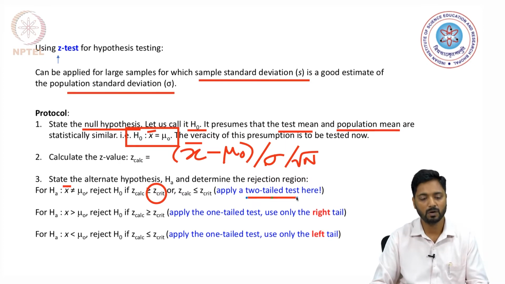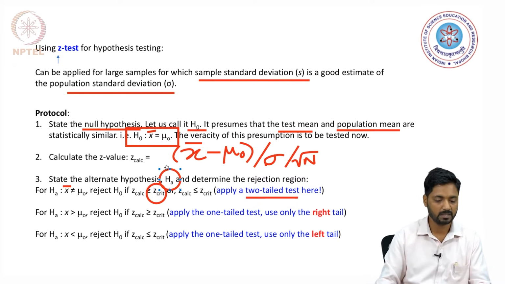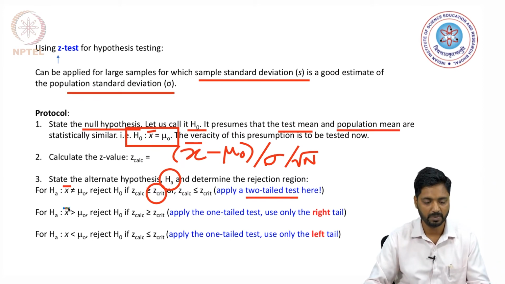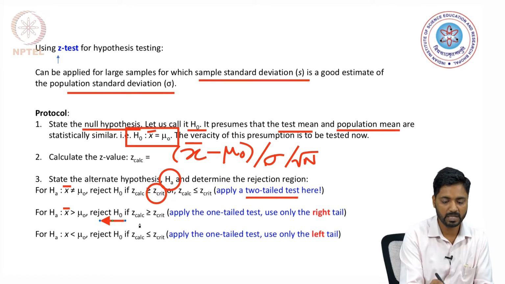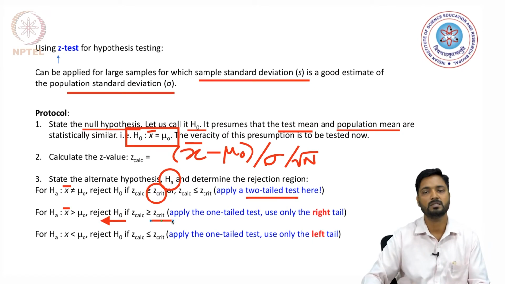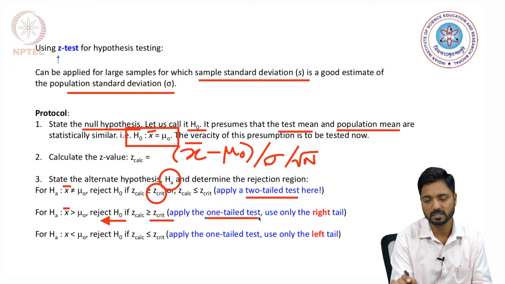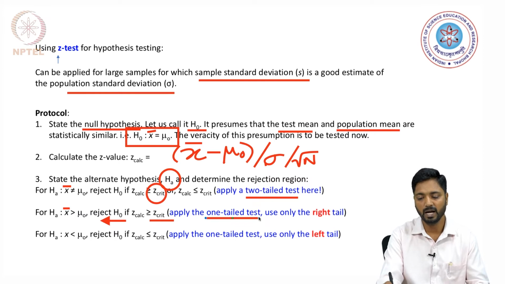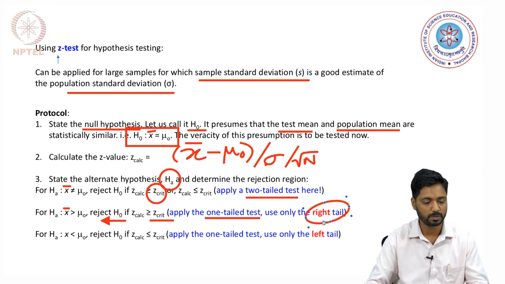However, if our alternate hypothesis, denoted by HA, is that the sample mean value is greater than the population mean, in those cases we can reject the null hypothesis only if the z calculated is greater than the z critical, and we will be applying the one-tailed test. So the z critical value has to be chosen appropriately, and we will be concerned only with the right tail of the Gaussian profile.